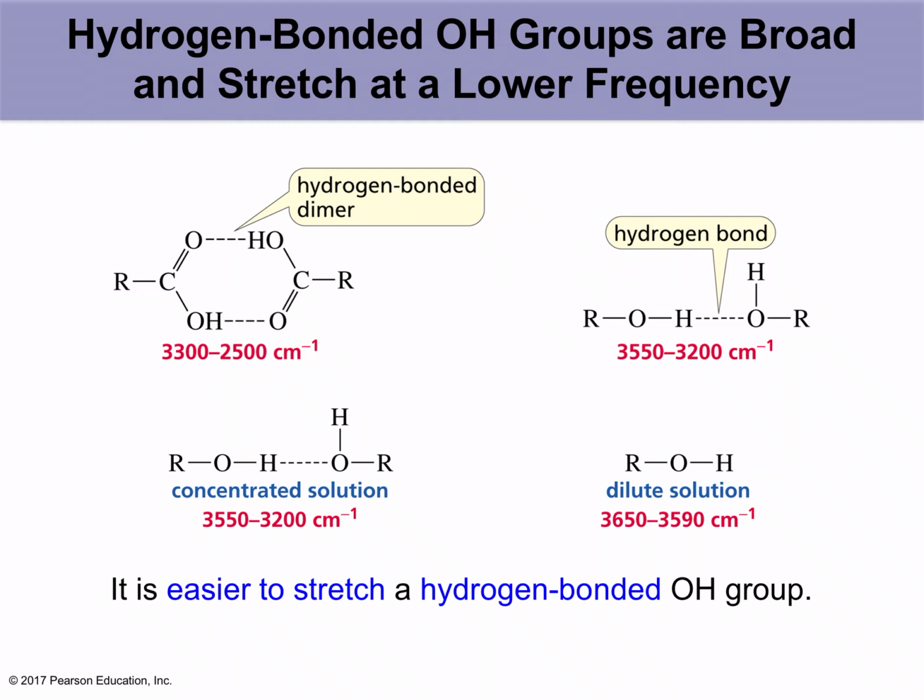And then hydrogen bonded OH groups are broad and stretch at a lower frequency. Now, you guys remember hydrogen bonds, right? So what are the elements that can form hydrogen bonds? Remember the NOF, N-O-F. When you have hydrogen bound to nitrogen, oxygen, or fluorine, they can form hydrogen bonds.